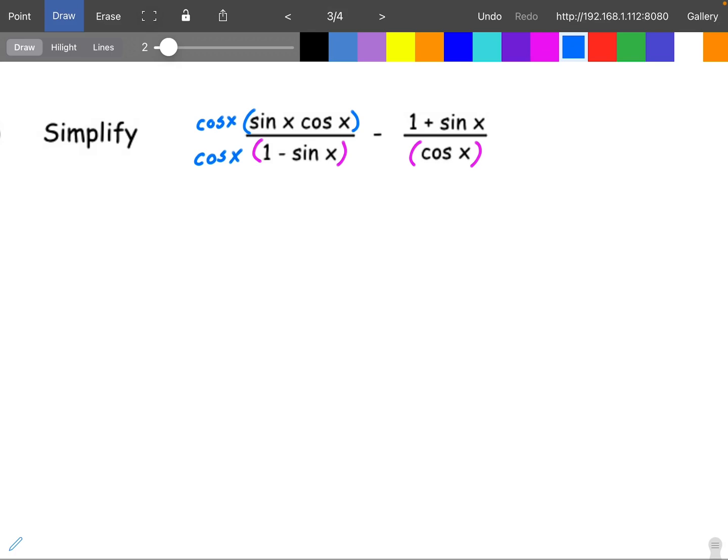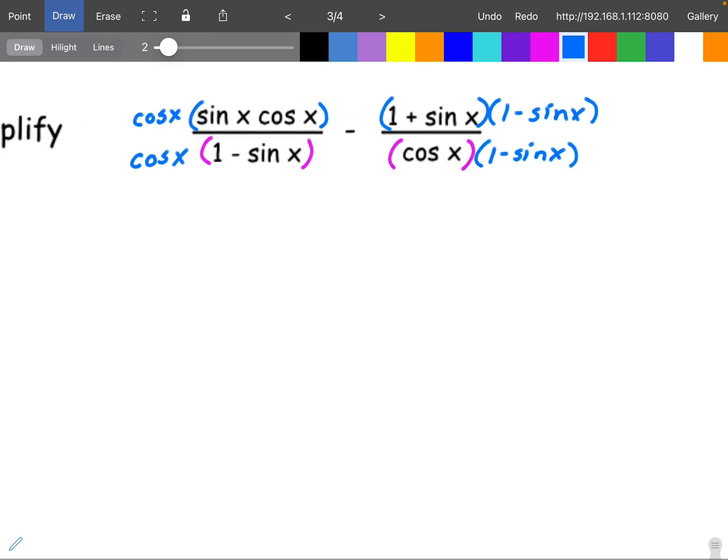Then the second fraction is going to get multiplied by 1 minus sine x, and then the same thing on the top. So then I'm going to go ahead and put this in parentheses because that's a binomial, which means right here I have a binomial times a binomial, so that's going to actually have to get distributed out. Not as bad as it looks, by the way.